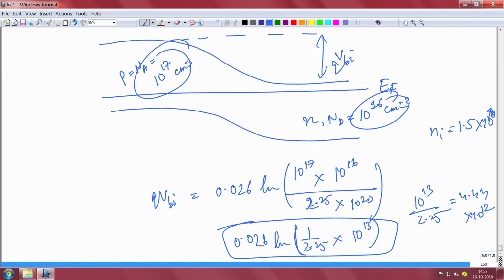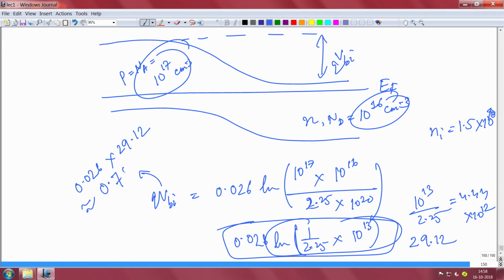So how much will the log of that quantity be? ln of 4.44 into 10 to the power 12 will be equal to 29.12. So the built-in potential will be kT, which is 0.026, into 29.12, that will be almost equal to how much? 0.757 volt.